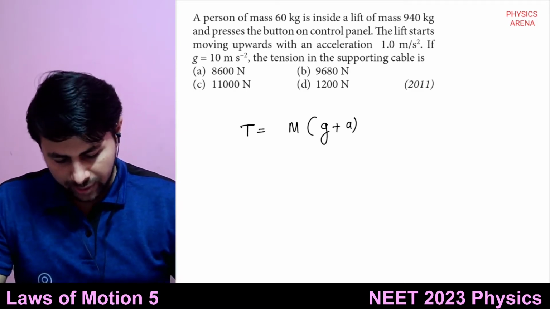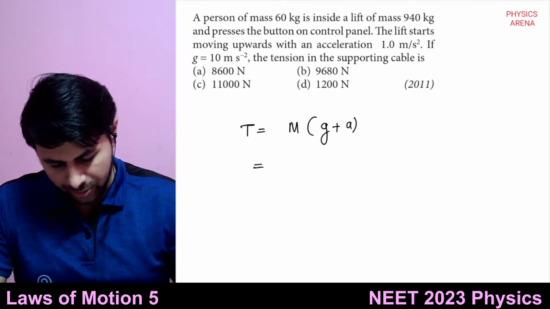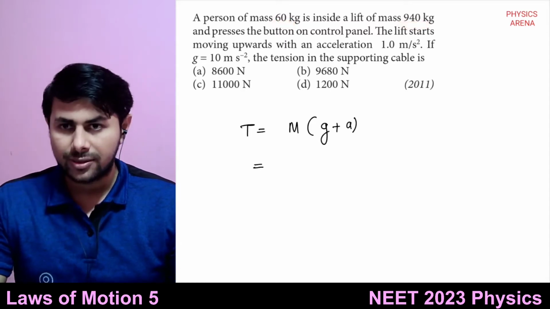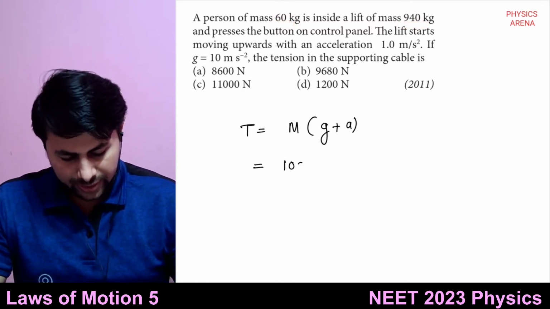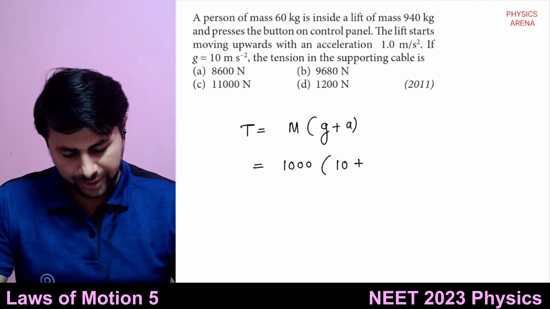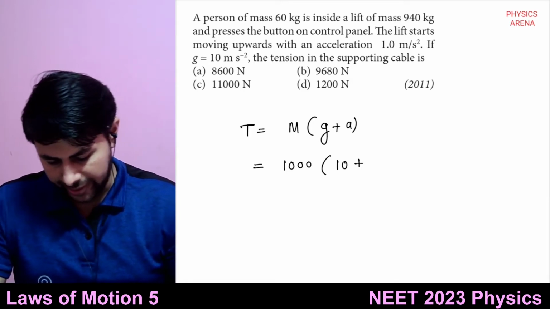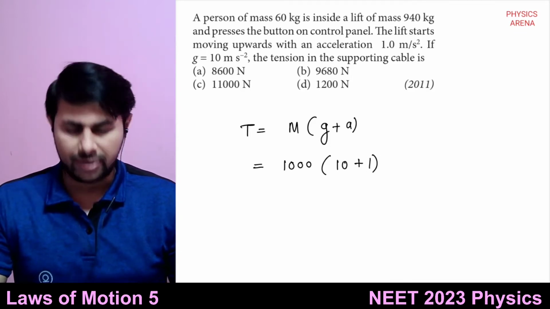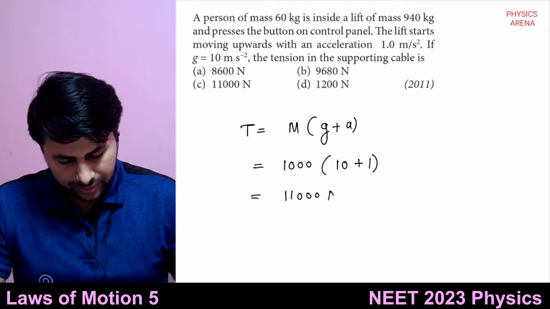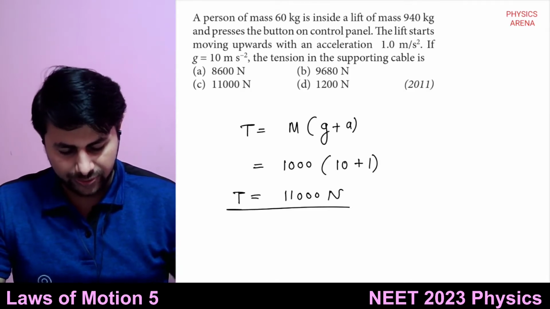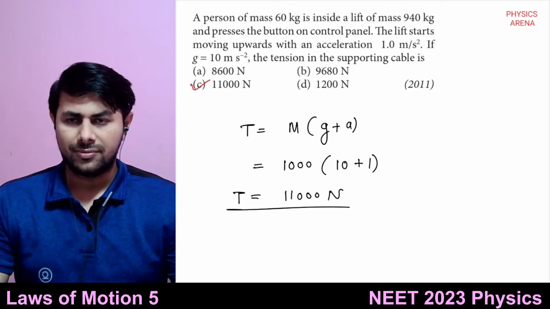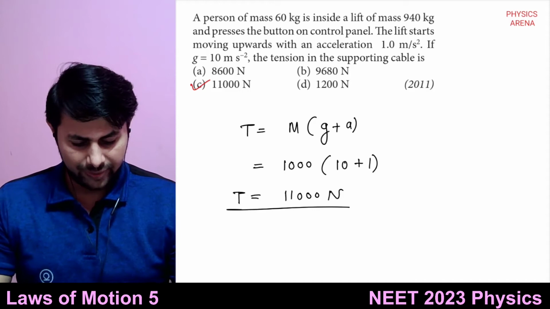So how much is the total mass? 60 plus 940, 1000 kg. And g is, let's suppose, 10. 10 plus a, which is 1, so 11. 11 multiplied by 1000 is 11,000 newtons. Very simple, right?